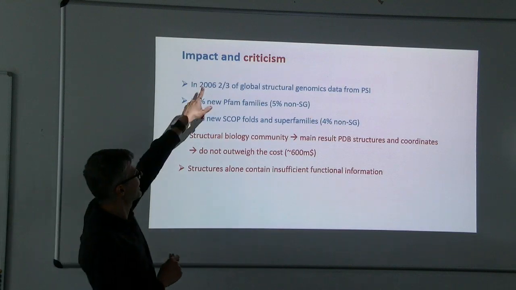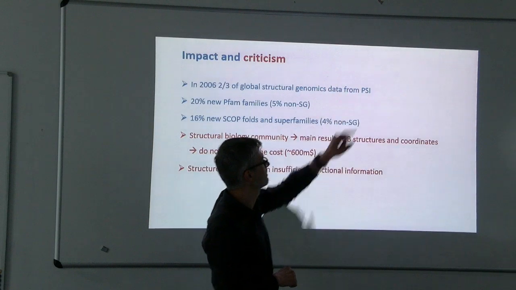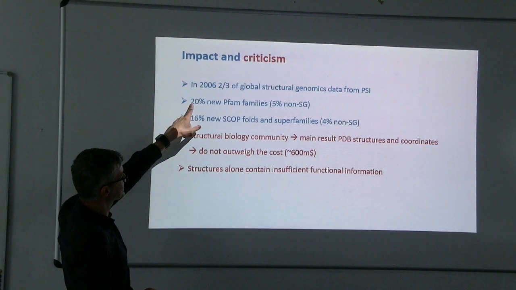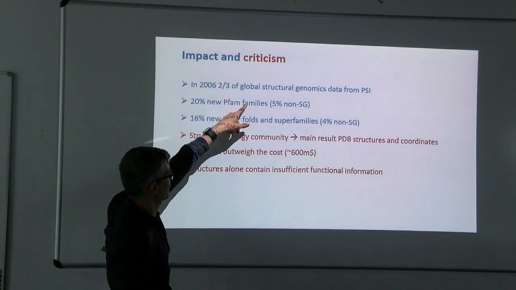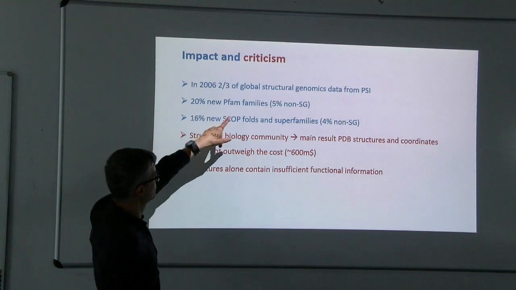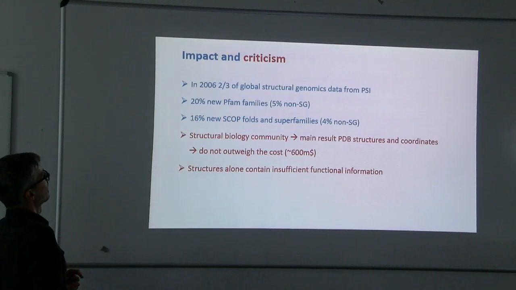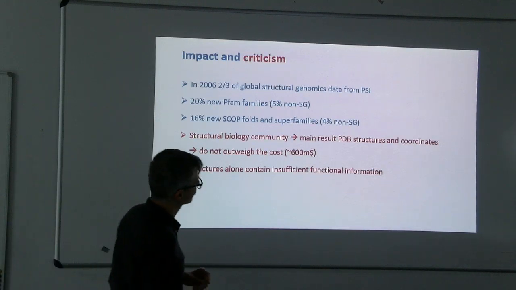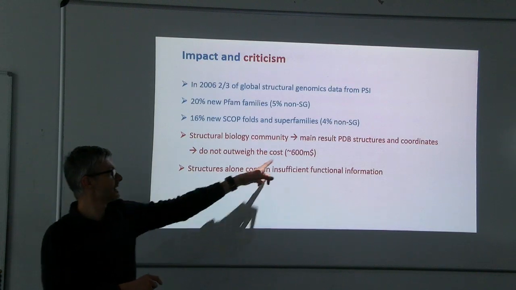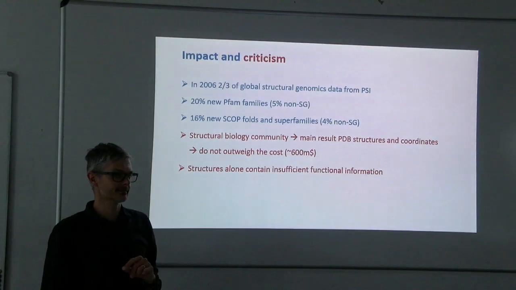So you see here in 2006, two thirds of the global structural genomics data came from PSI, the American initiative. 20% new protein families came from that initiative also. Also a lot of new classification, folds and superfamilies came. But what was the drawback or the negative part of this? First, it costs a lot of money. $600 million. And what do you get?